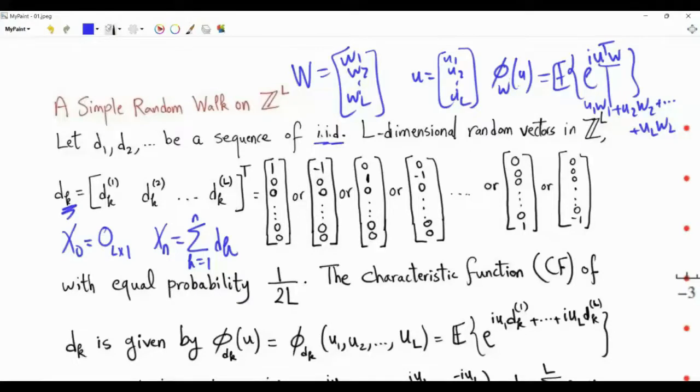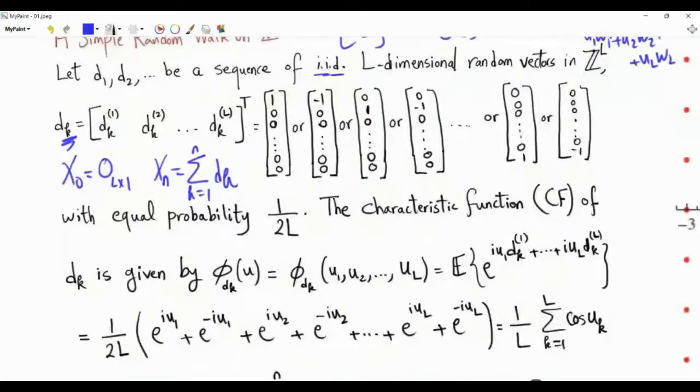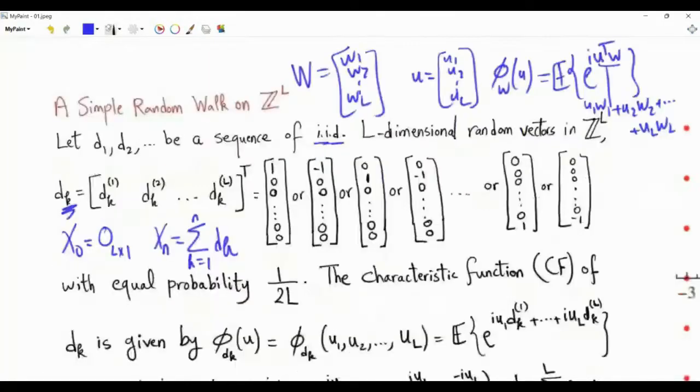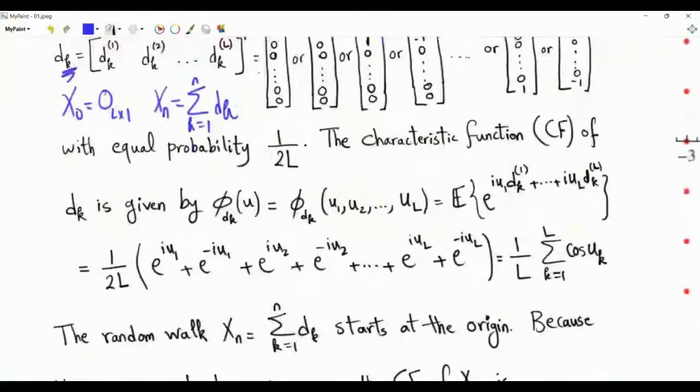So if we want to write down the characteristic function of d_k, then it is a summation, and because d_k has 2L possibilities, we have 2L terms. The probability of each possibility is 1/2L, so we can take this as a common factor. Then we have terms in the form of e^{i<u, v>}, the inner product between u and each one of those possibilities. So the first term will be the inner product between this vector and that vector, and so it will be u1.